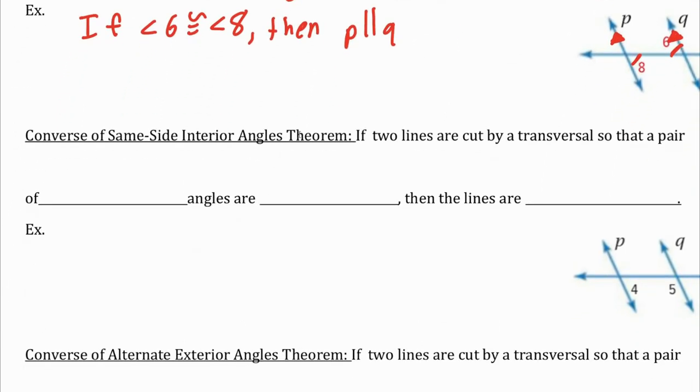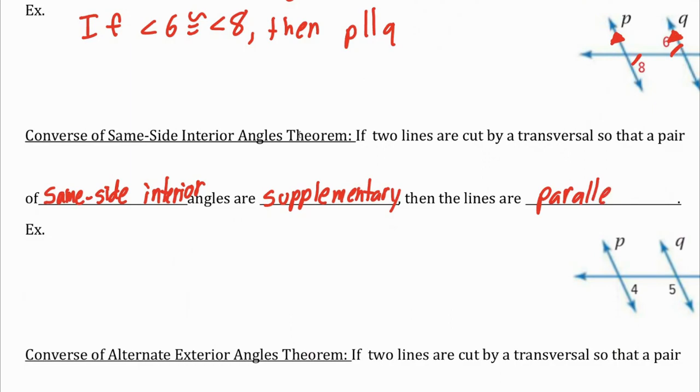We can also do something similar with the same side interior angles. If two lines are cut by a transversal so that a pair of same side interior angles are what? What do we think same side interior angles need to be? They need to be supplementary, right? These are that one special pair where they're not congruent. Instead, they are supplementary. Then the lines are parallel.